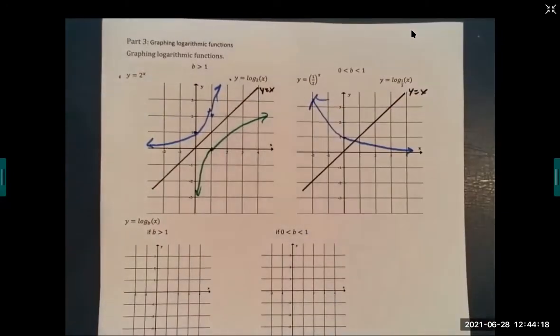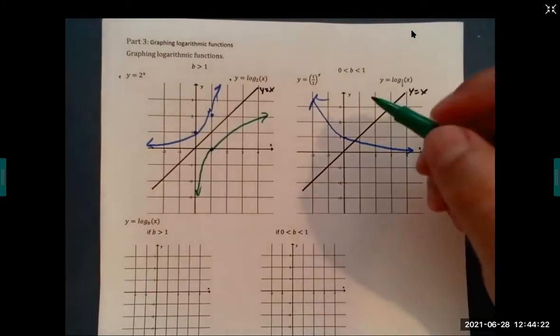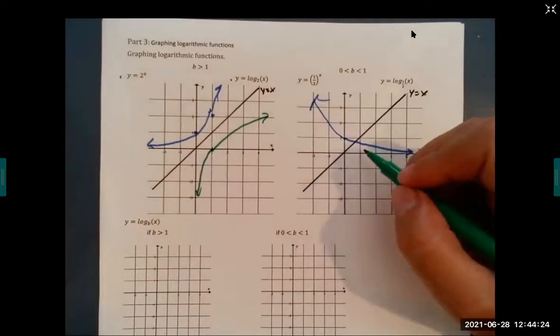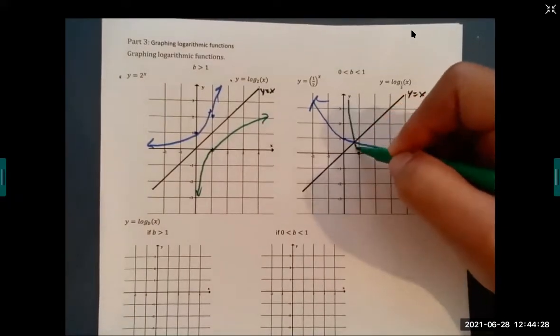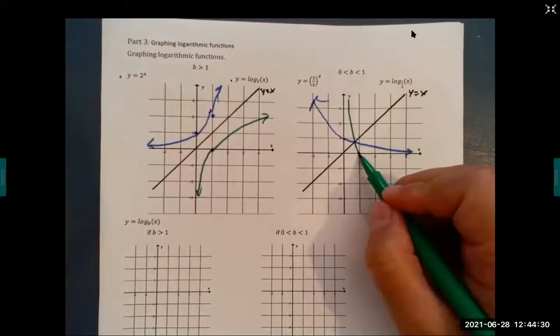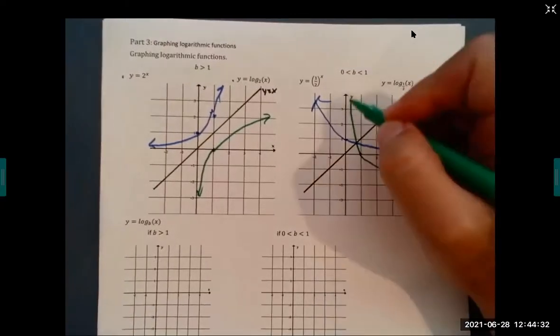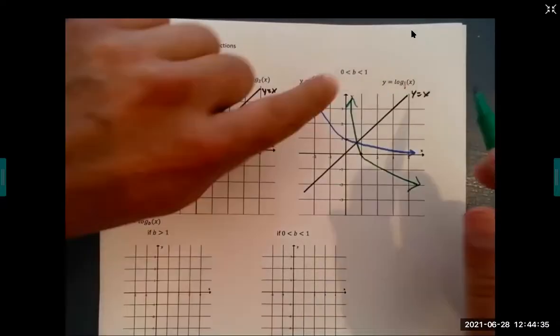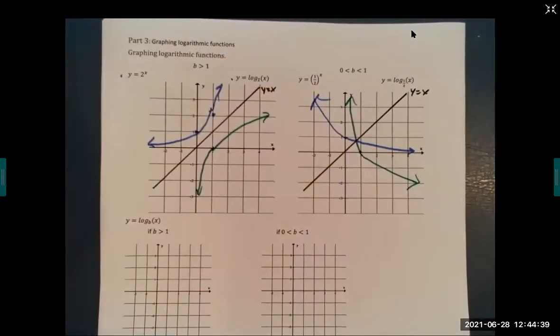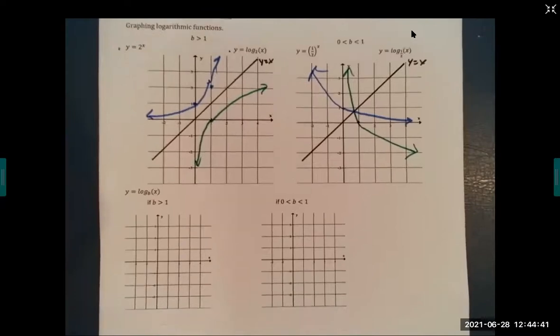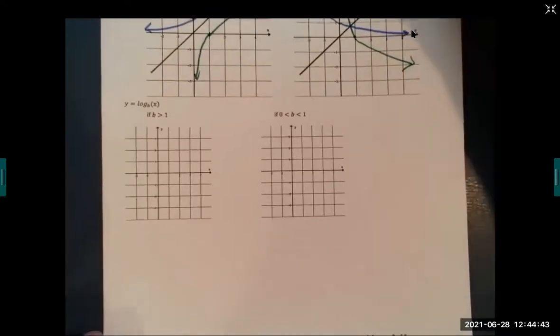And the other one does this. So it's going to cross at 1 here. It's asymptotic there. And you can see it makes a mirror image on both sides. Kind of beautiful, actually. My drawings aren't great, but they would be beautiful.